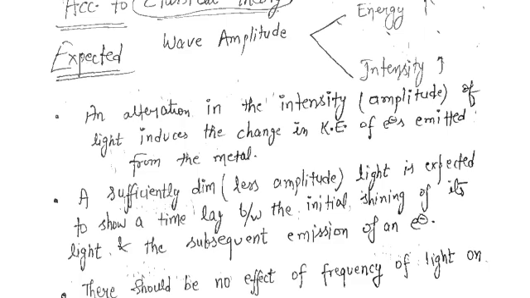Now if we have another light with 10 joules of energy, incident over the surface, then electrons will be ejected by absorbing 5 joule of energy, and the extra 5 joule will appear as kinetic energy of the electron.